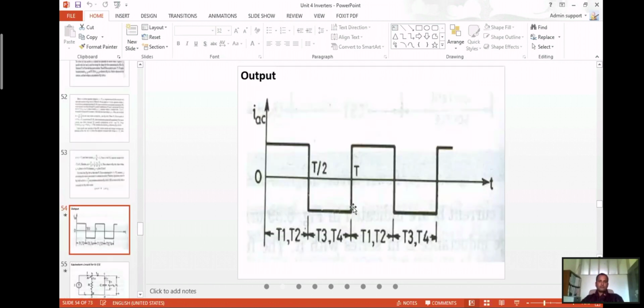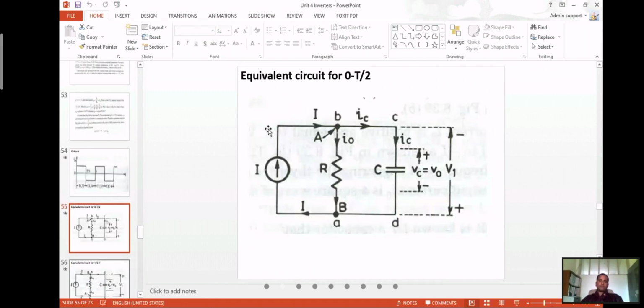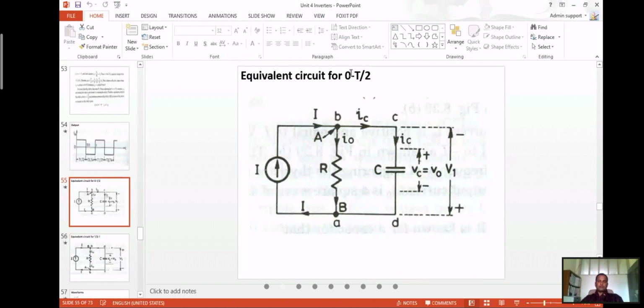This is the output current waveform. These are the equivalent circuits for 0 to T by 2, where the current flows in this path. The output voltage will be VC, the voltage across the capacitor.